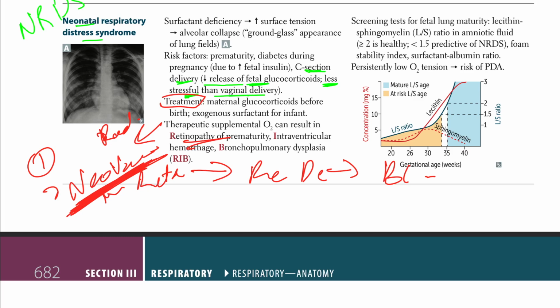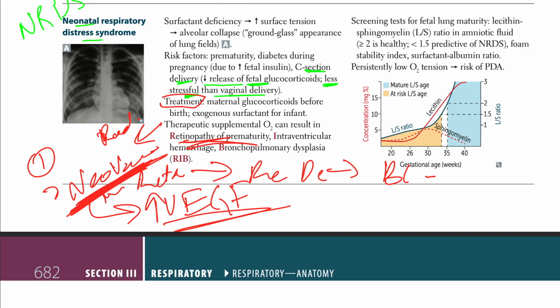They might ask you why you would have neovascularization. Because it is going to increase the VEGF, vascular endothelial growth factor. So retinopathy of prematurity, high yield.